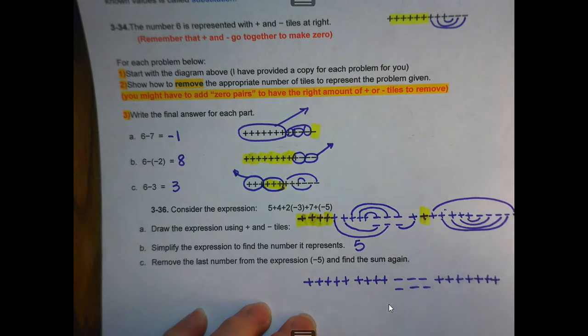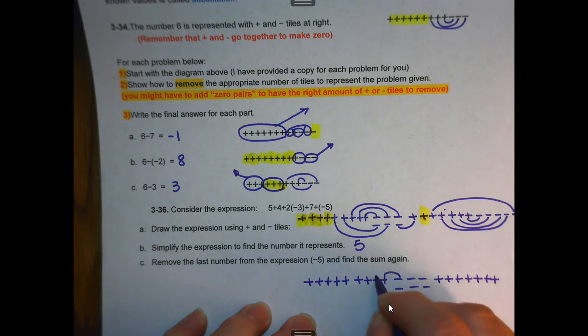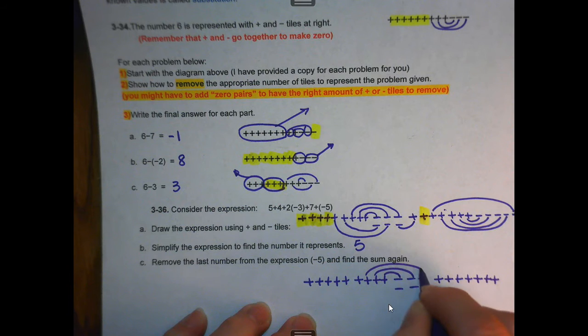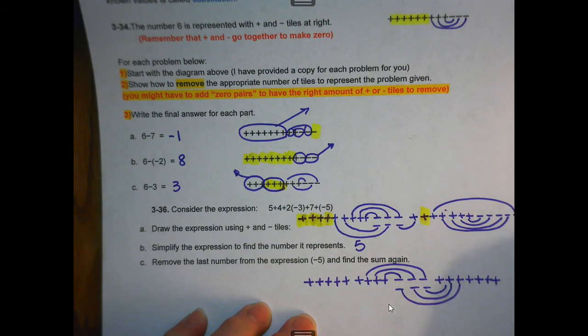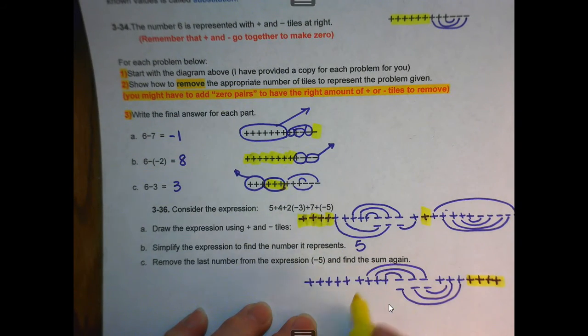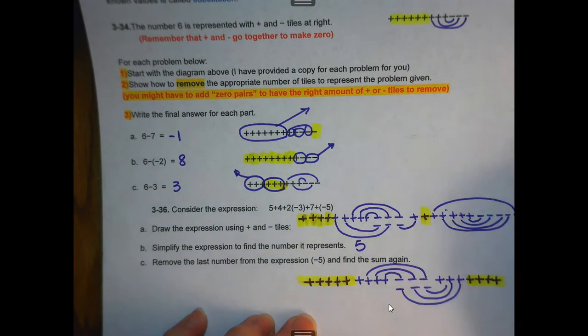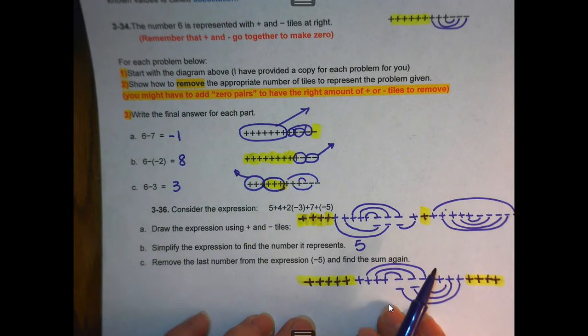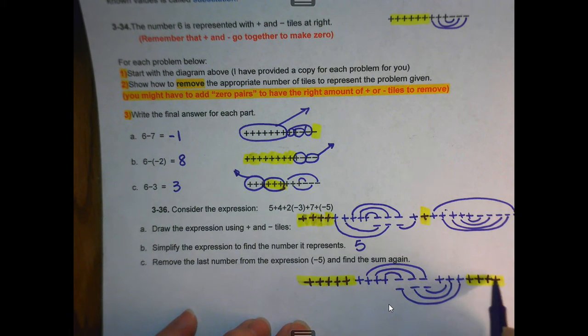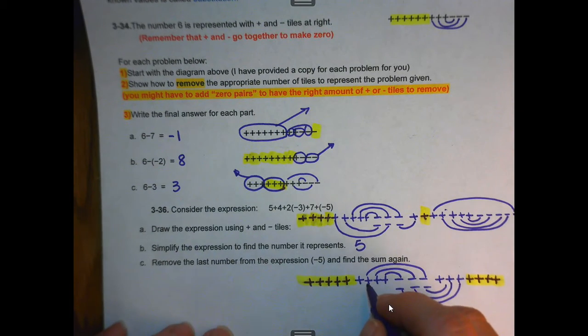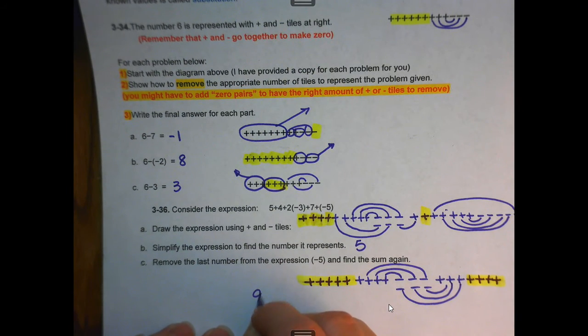And I match these up so that I have a visual of what happens when I'm getting rid of those 0 pairs. If I do not have the -5 at the end, my answer now becomes 1, 2, 3, 4, 5, 6, 7, 8, 9. So this would be 9.